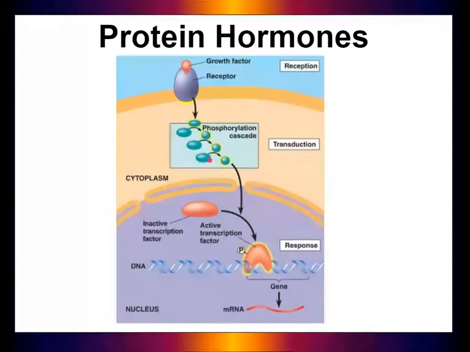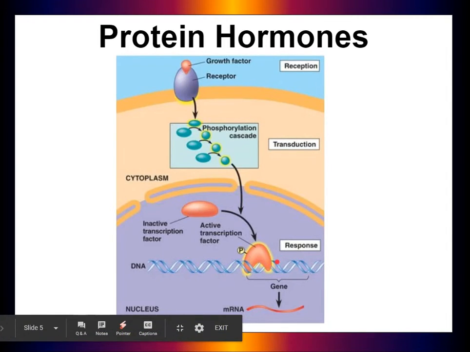So it's a cascade of changes. And generally what happens is all those changes end up activating a transcription factor in the nucleus, which then affects transcription, just like the steroid hormones did. They just do it in a different manner.